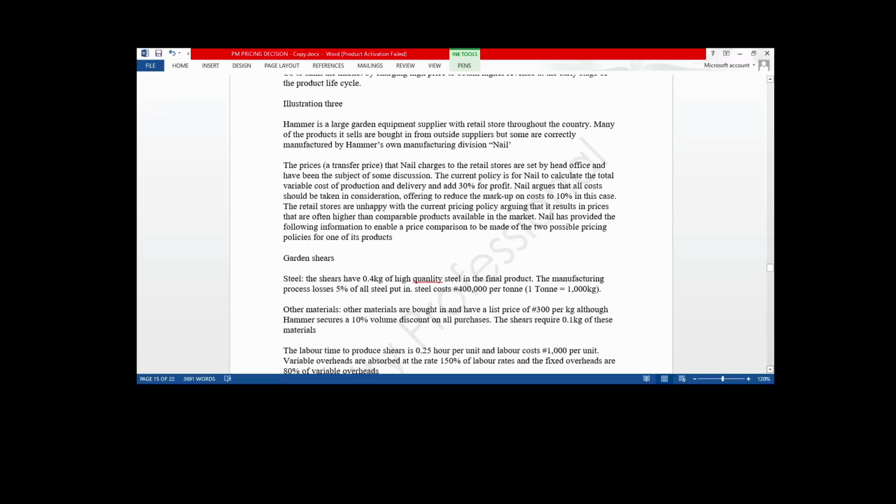Other materials. Other materials are bought in and have a list price of 300 naira per kg, although AMA secures a 10% volume discount on all purchases. The spare requires 0.1 kilogram of this material.